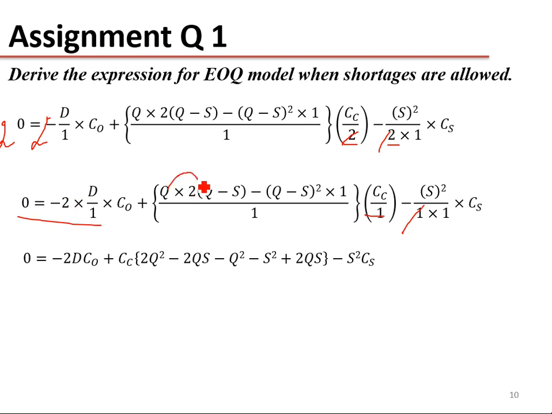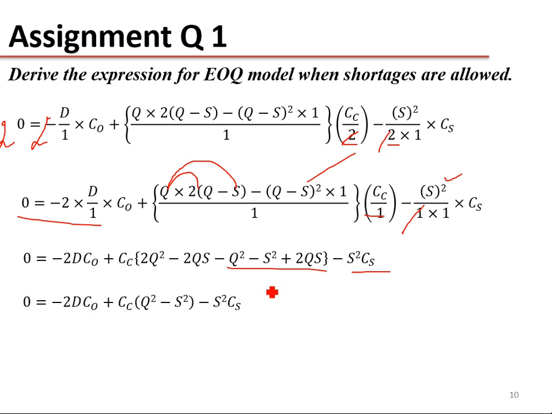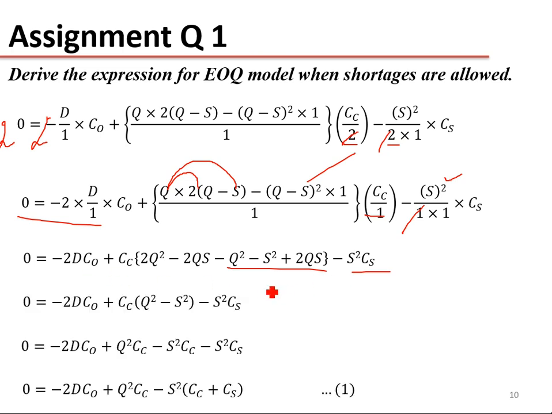And after that, multiply Q with this and Q with the S, and open the bracket Q minus S square, you get this equation. And over here S square remains. After solving this equation, we get the equation in this form. We put this as equation number 1.